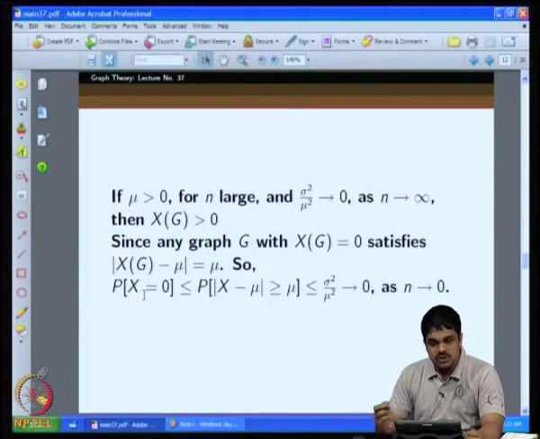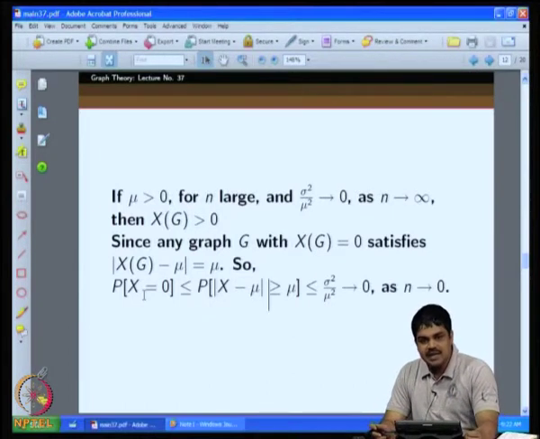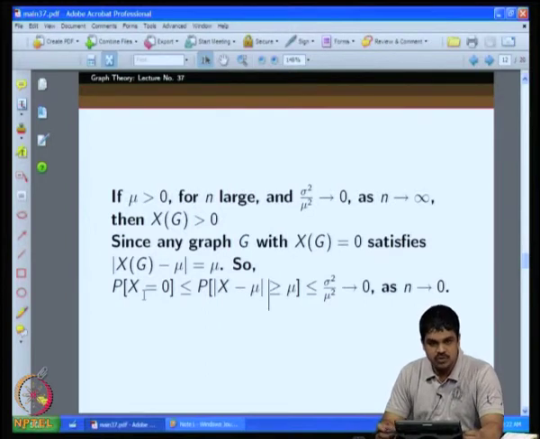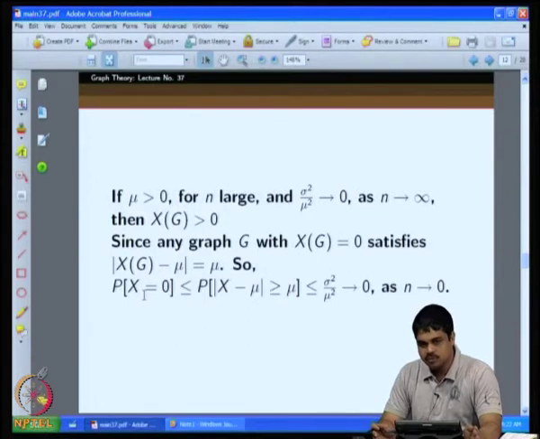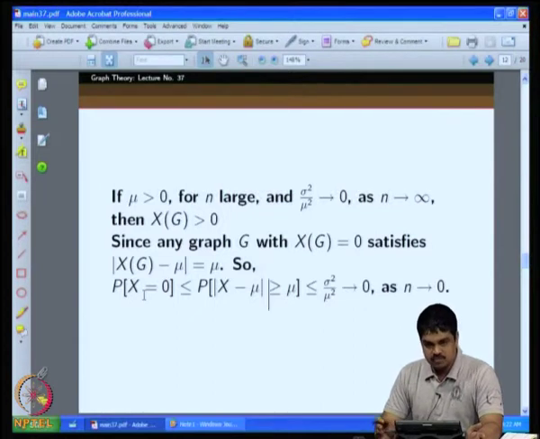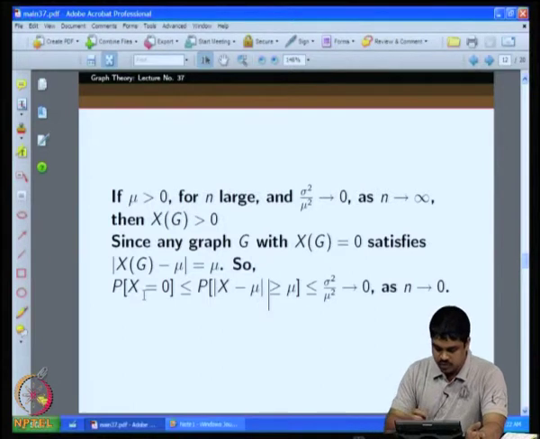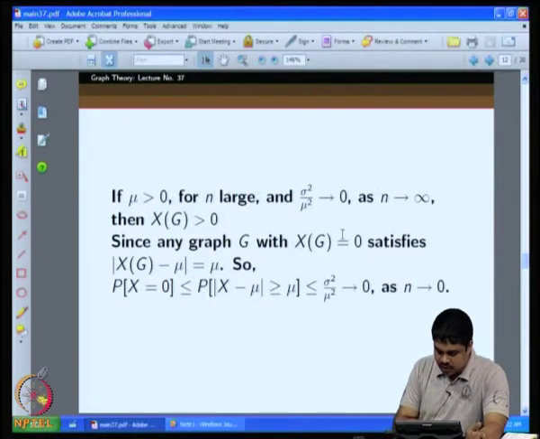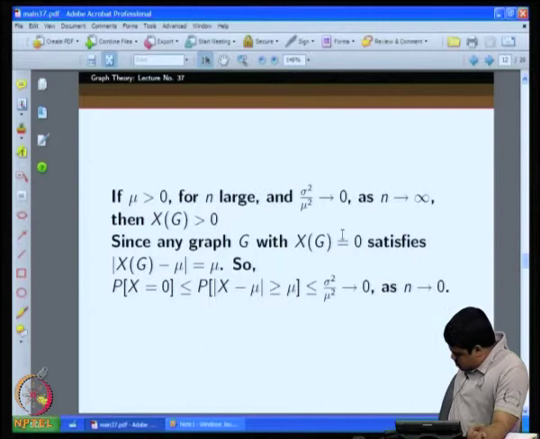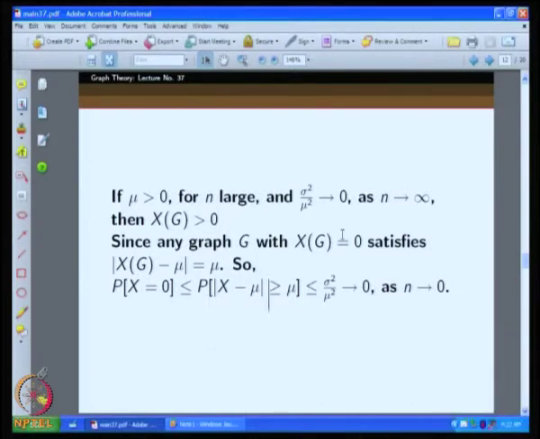So, instead of directly attacking the probability of x equal to 0, we notice that x equal to 0 corresponds to the absolute value of x minus mu being equal to mu. So, this probability should be definitely at most the probability that the absolute value of x minus mu is greater than or equal to mu.